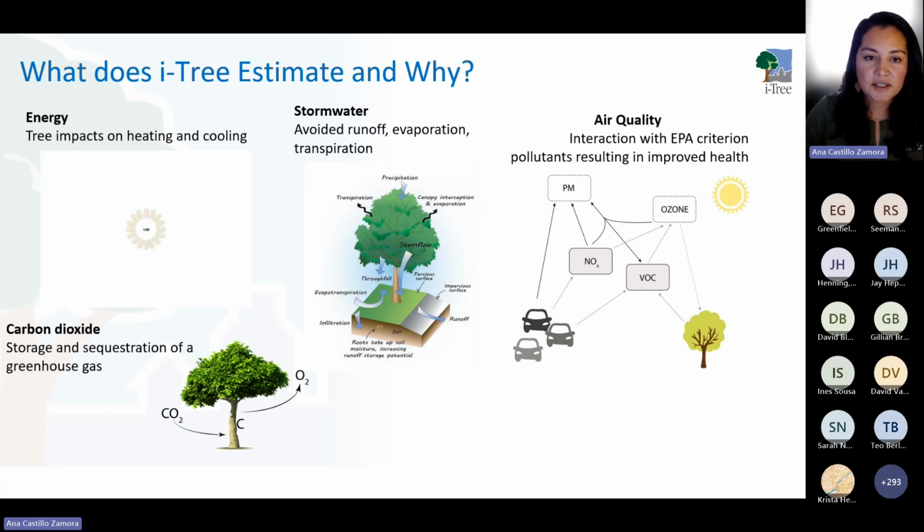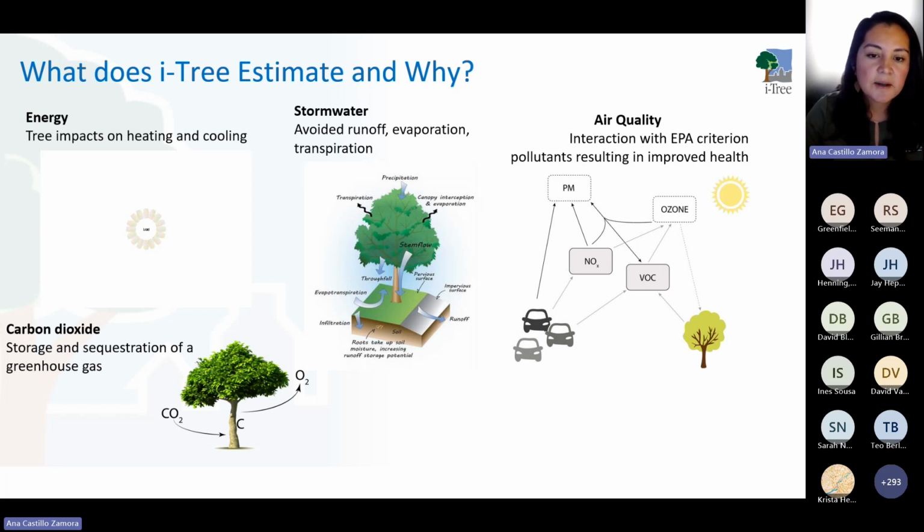And finally, air quality. Trees can improve air quality in different ways, depending on the pollutants. The leaves can physically intercept some of the pollutants, the particulate matter in the air, like soot or fine dust.